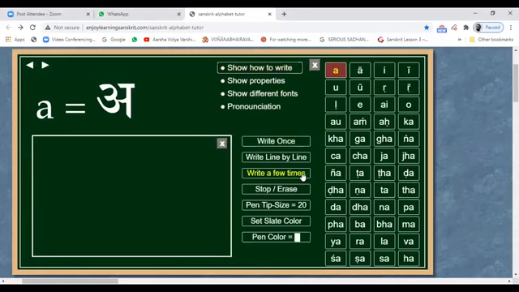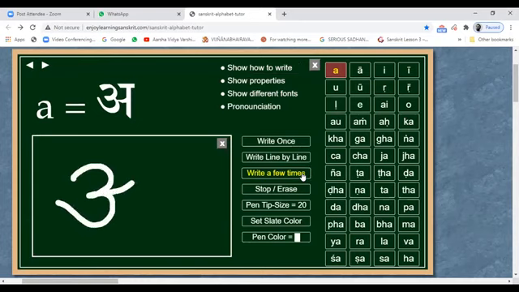You have a scribbling pad with you, please, and pen. You can write. This is the letter A. This is how you have to write. You will see it will write many times. In case you have difficulty, you can watch this and write.